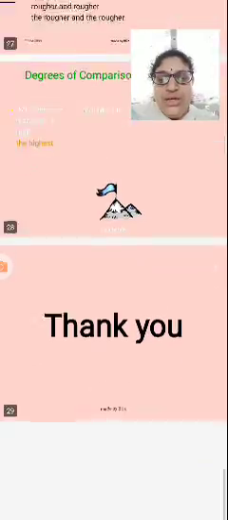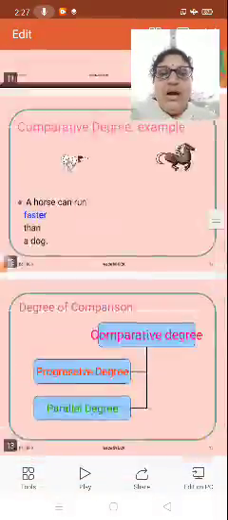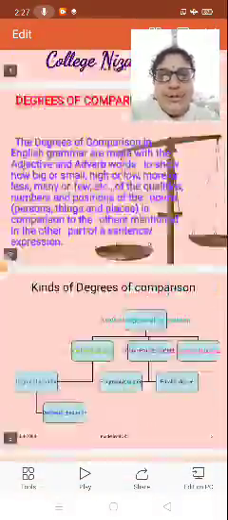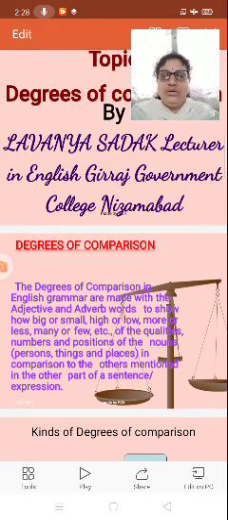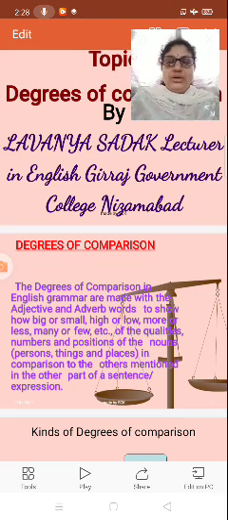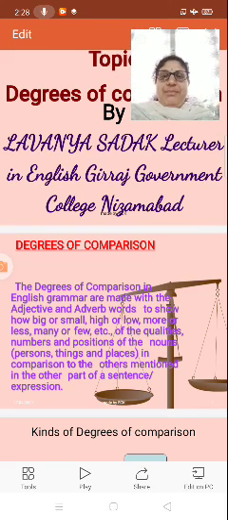So these are the degrees of comparison. I have already completed it, so now we are going to repeat it. Today's topic is the degrees of comparison.